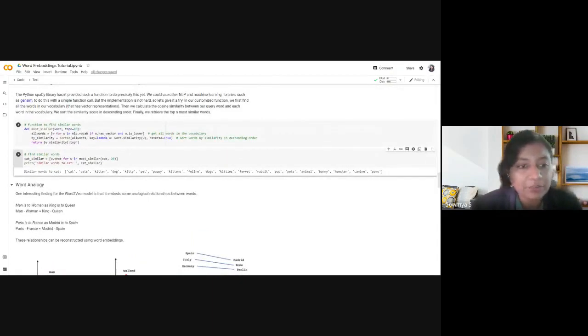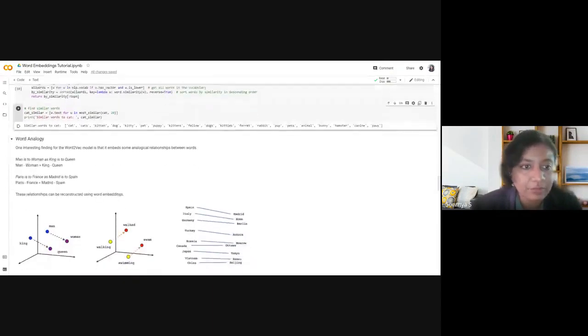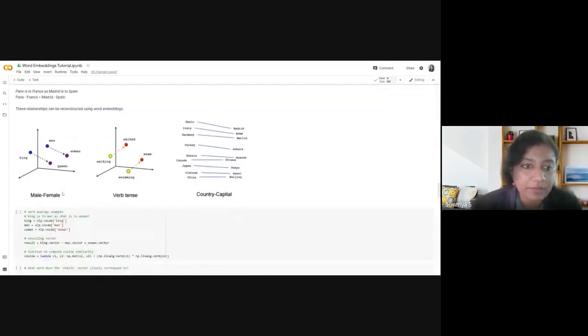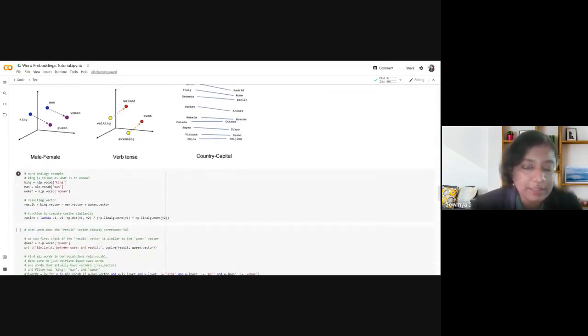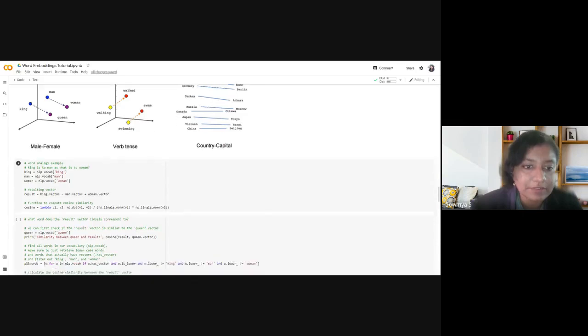Now we'll come to analogy. As we saw before, man is to woman as king is to queen basically implies the difference between them as similar. So you have male, female, verb tense, country, capital, and so on. So we take the words king, man, and woman, and we take the result king minus man plus woman, and we have this cosine function.